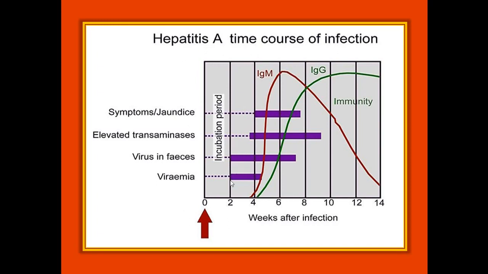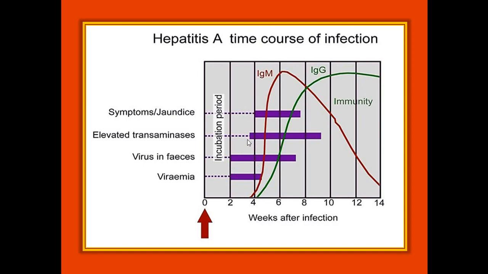But after the 2 weeks, the virus starts to shed in the feces, and the viremia, meaning presence of the virus in the blood, lasts until about the middle of the 5th week, while the virus shedding lasts for about 7 weeks.